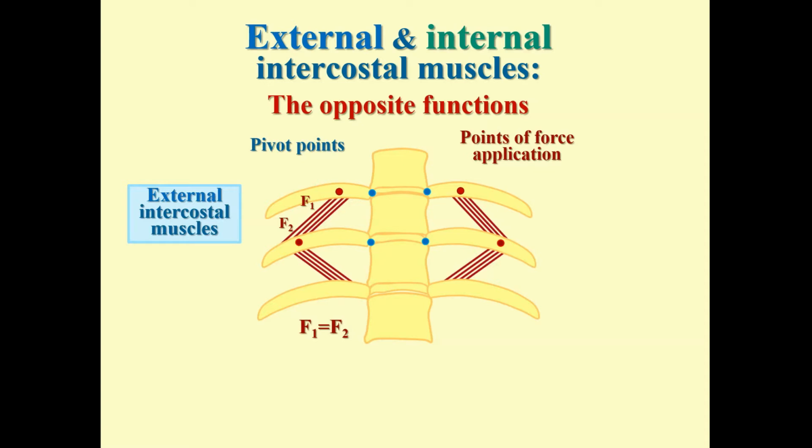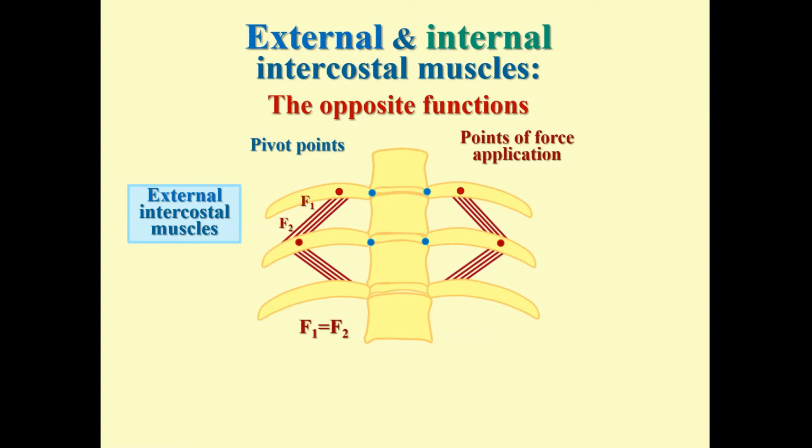When muscle contracts, the force of contraction is equal. They try to pull both ribs together, and so force is equal, but nevertheless the movements of the ribs, upper and lower, are different.